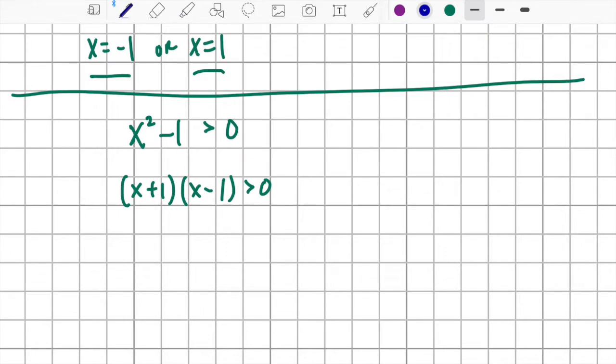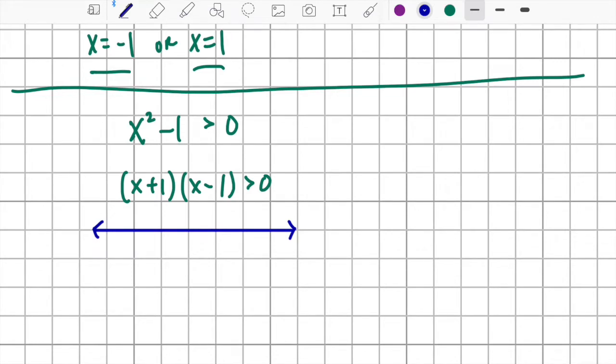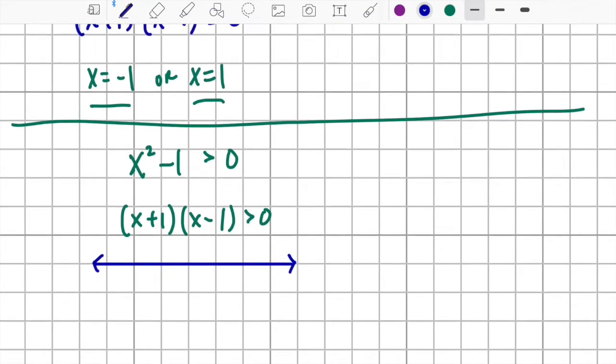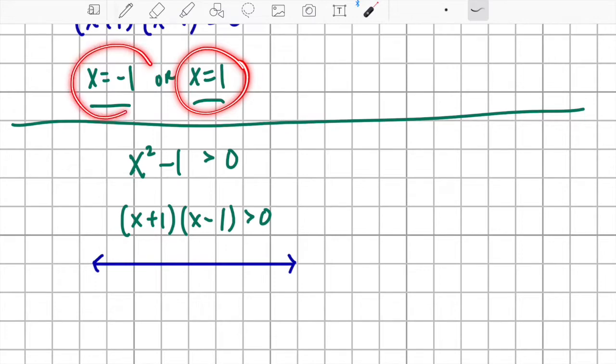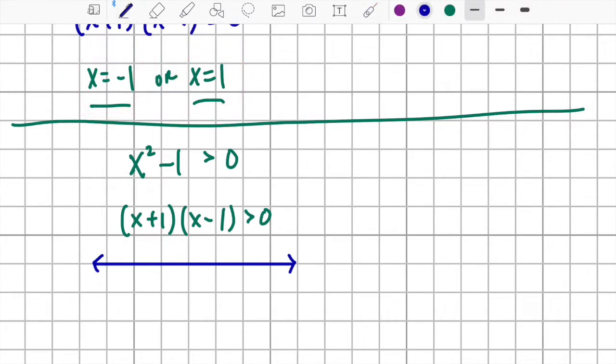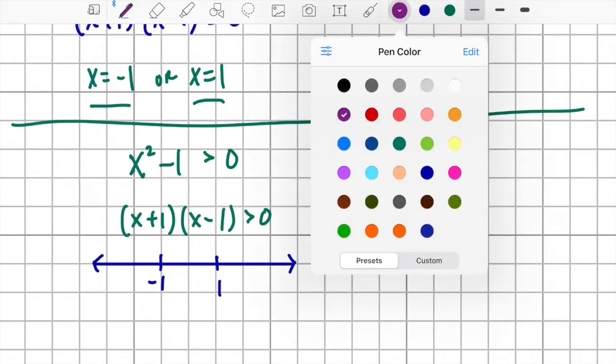And we're going to do a sign analysis to figure out when it is positive. So we put the critical points, the main points, on the number line, which are really these right here when it's equal to 0. So I will put them in order, -1, and then +1.